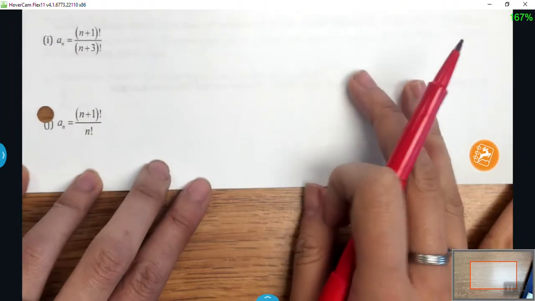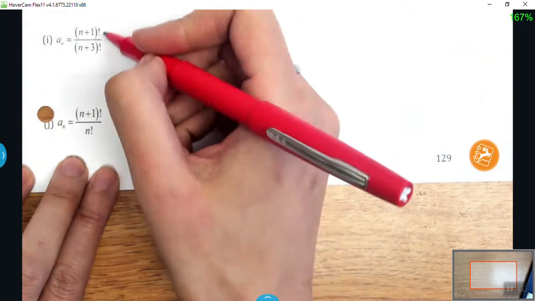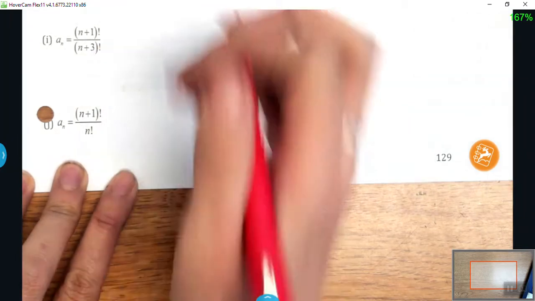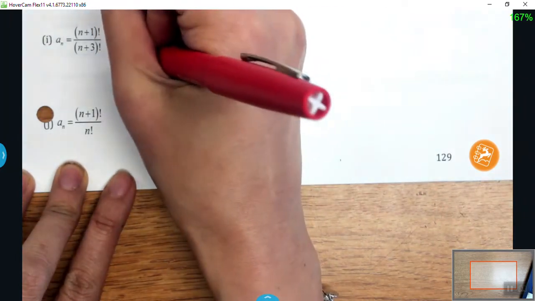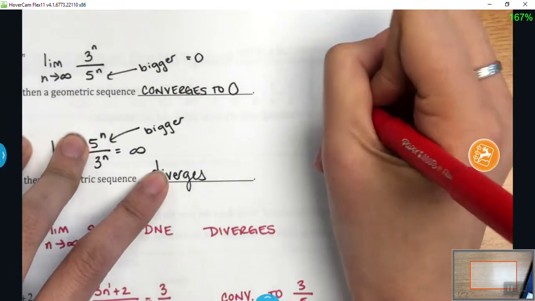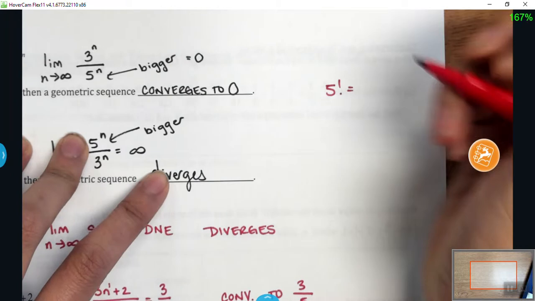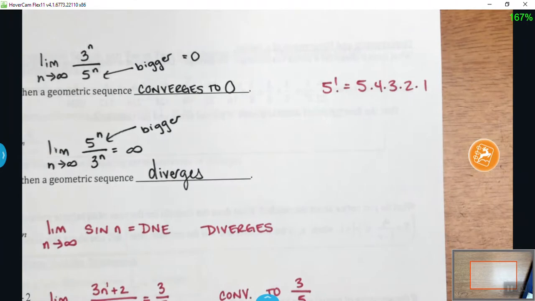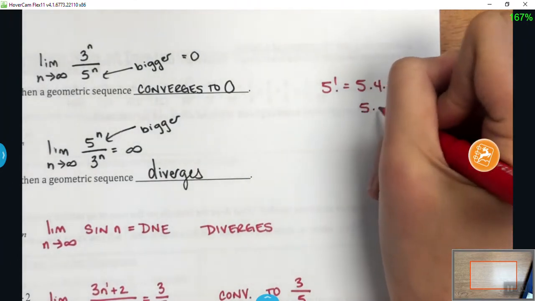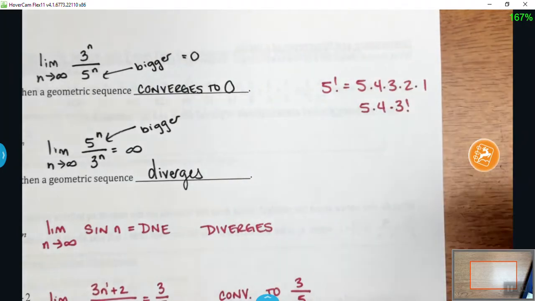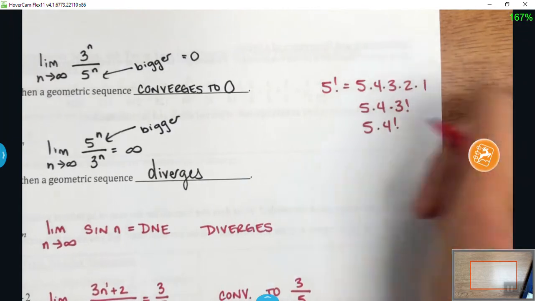The bottom two down here, we can't really use L'Hopital's for because we don't know how to do derivatives of factorial. So let's do this. Off to the side, if I did 5 factorial, what is that? But I could also write this as 5 times 4 times 3 factorial, or 5 times 4 factorial, right?